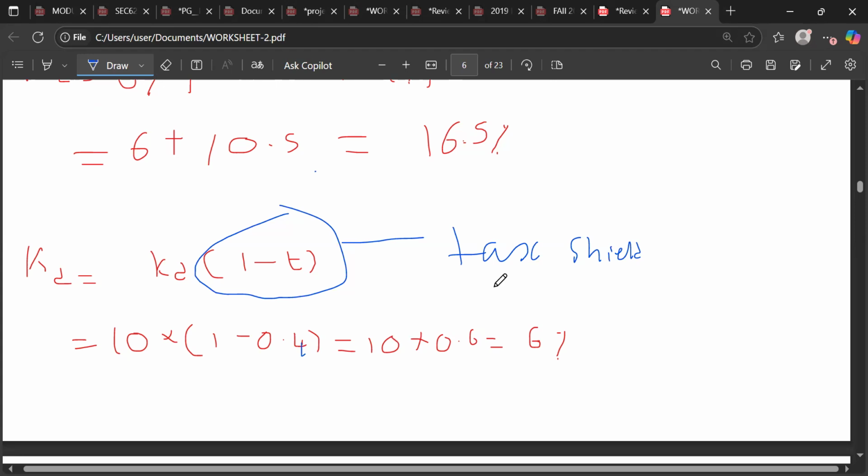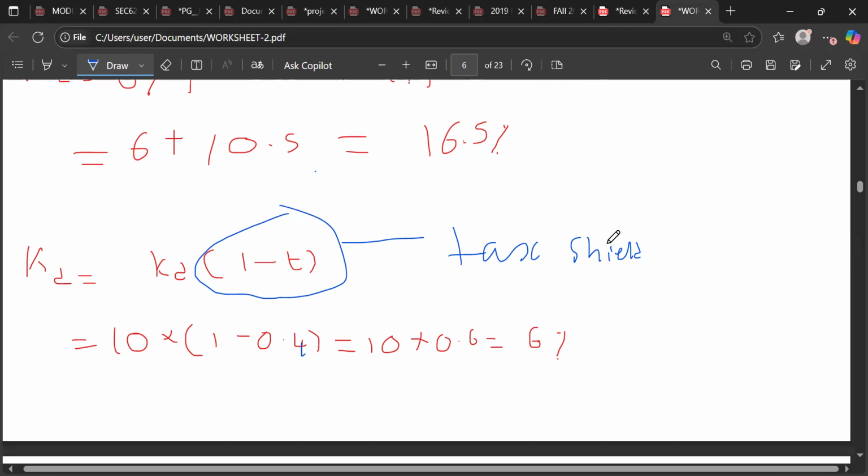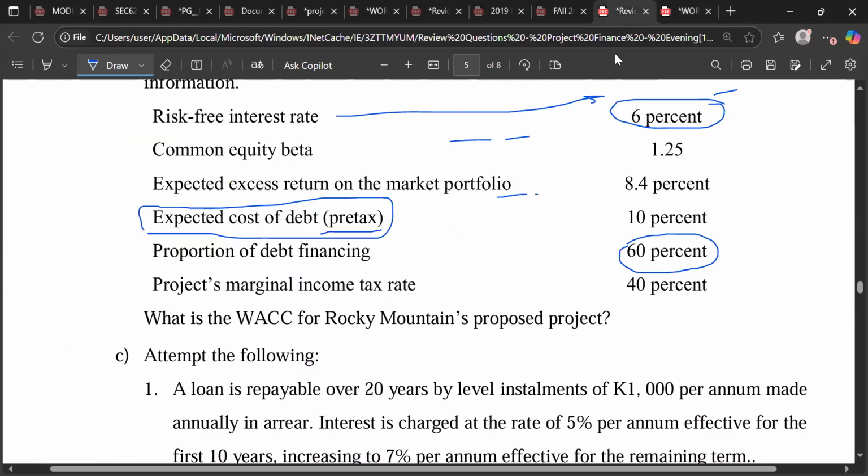Are we okay? Yes, sir. Okay now, just like that, we found the weighted average cost of capital. What about the 0.6? Okay, in the beginning of the question, look at how it starts. It's telling us that the proportion of debt financing is 60%, hence the reason why I drew this pie.